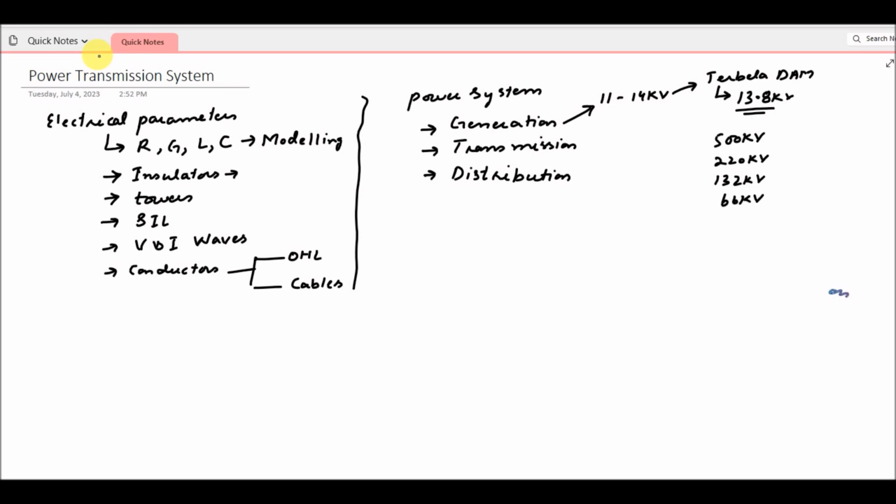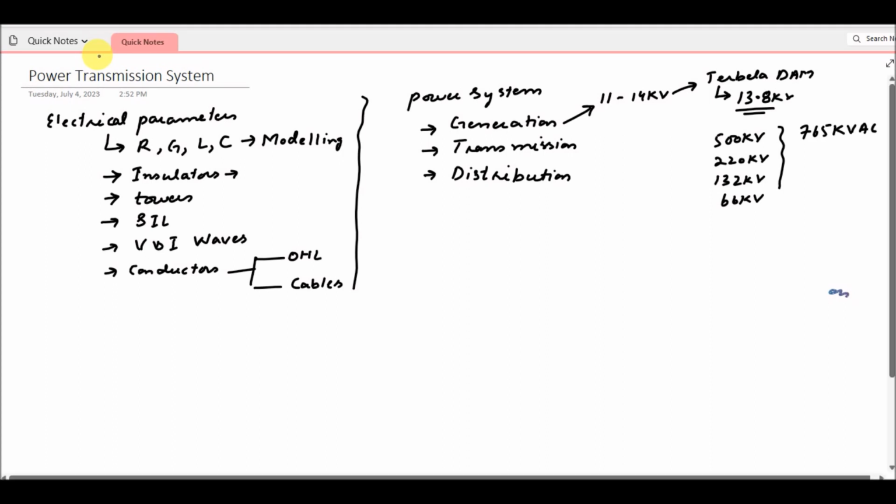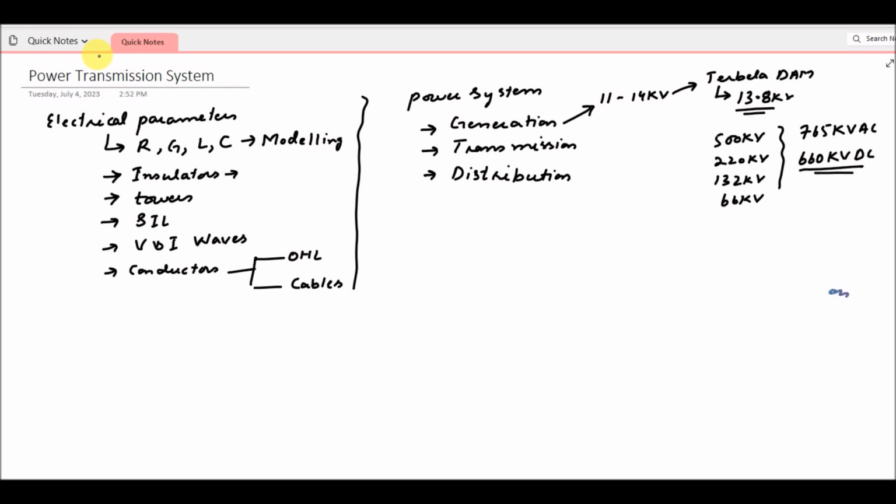We have also acquired recently a 765 kilovolt AC as well as a bipolar 660 kilovolt DC line. So these are the transmission line voltages that we have in Pakistan.